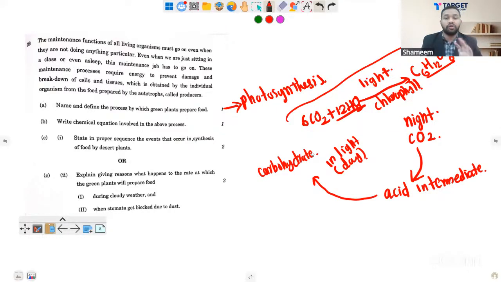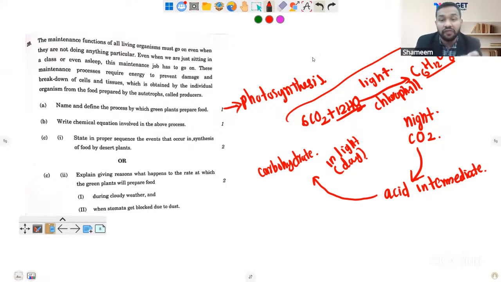You just remember, you can write the same process of photosynthesis and also mention absorption of light energy by chlorophyll in the daytime, the conversion of light energy into chemical energy, and the splitting of water into H plus ions, which also take place in the daytime.